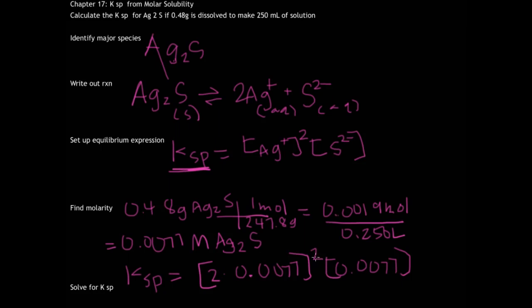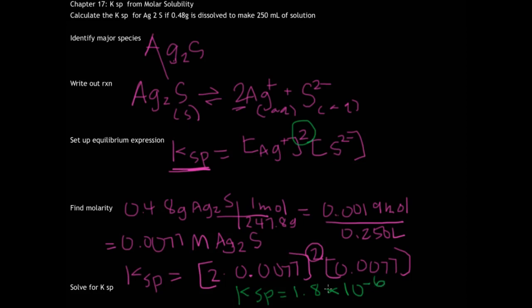Okay, and don't forget to square this, because in our equilibrium expression, there's a 2 out front. So there should be a 2 up here as my exponent, and just solve for KSP. KSP ends up equaling 1.8 times 10 to the -6.